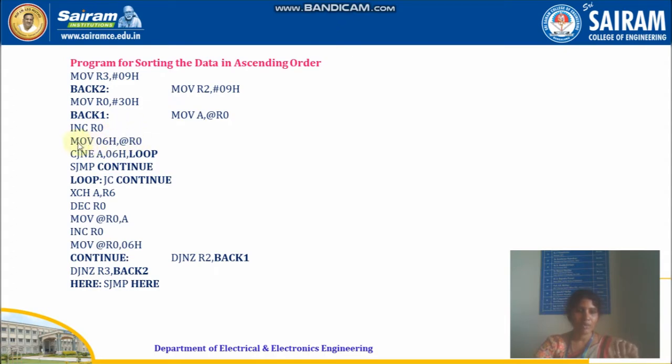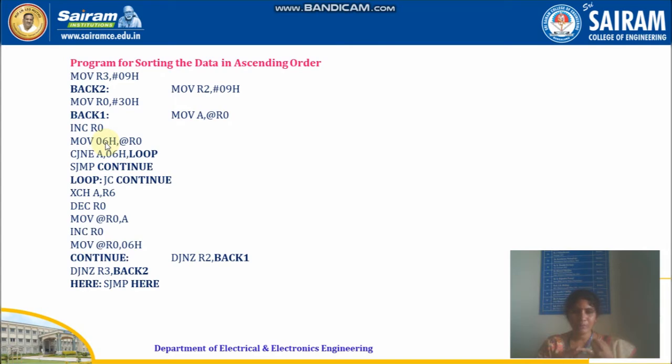Here we have used both direct addressing as well as indirect addressing. 6 is the representation for R6. Now we have to compare the data available in the accumulator with this 6th location, that is R6, and check whether it is equal or not, because when you want to arrange the data in ascending order, you have to compare two numbers.